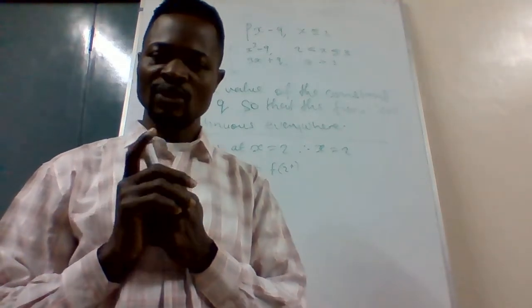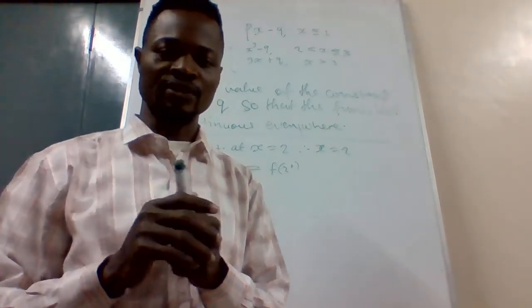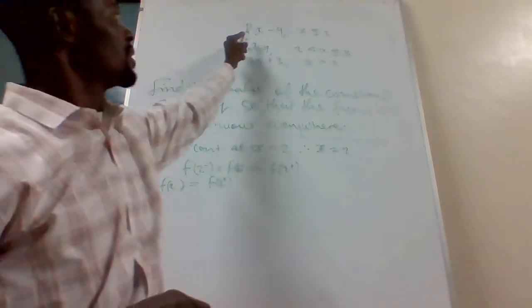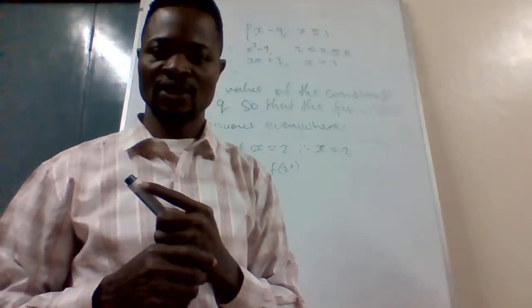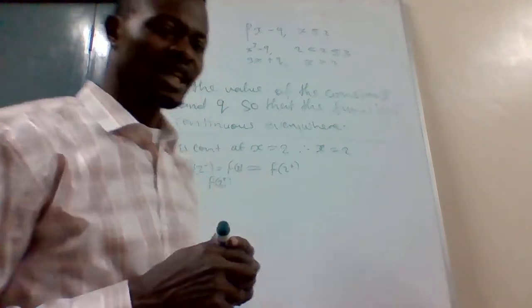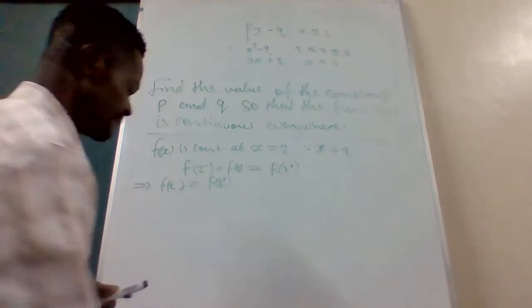If it is equal to f of 2 from the positive, remember here we have px minus 9. So it simply means that you start by solving.